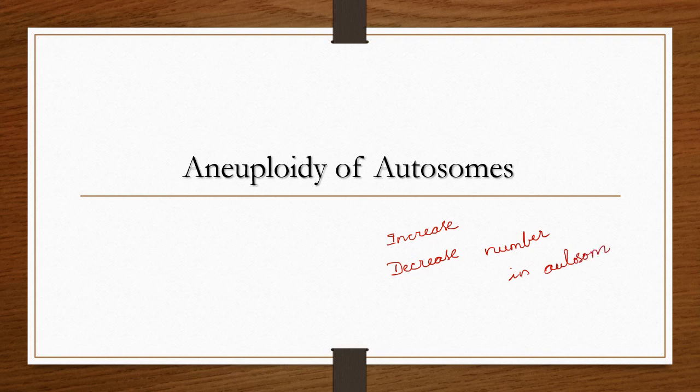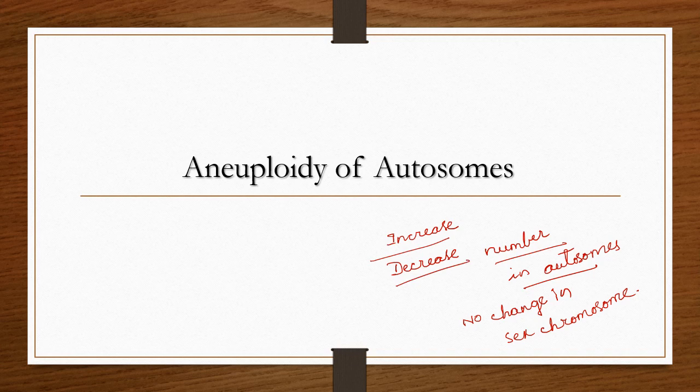That means there is no change in sex chromosomes. So we will observe either an increased number in autosomes or a decreased number in the autosomes. We cannot see any change in the sex chromosomes.